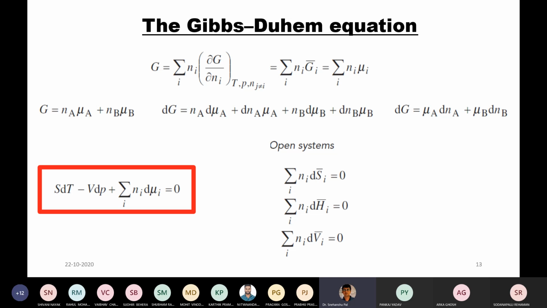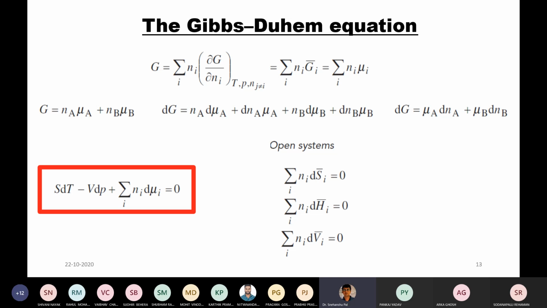So in the absence of non-PV work, you get such things. As a function of partial derivatives, G equals the summation over i of Ni del G del Ni at constant temperature, pressure, and Nj not equal to i. And G itself is often referred to as the integral Gibbs free energy. For a binary system, you can write G equals Na mu A plus Nb mu B.